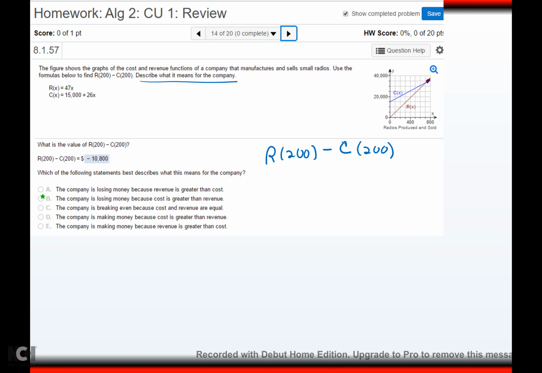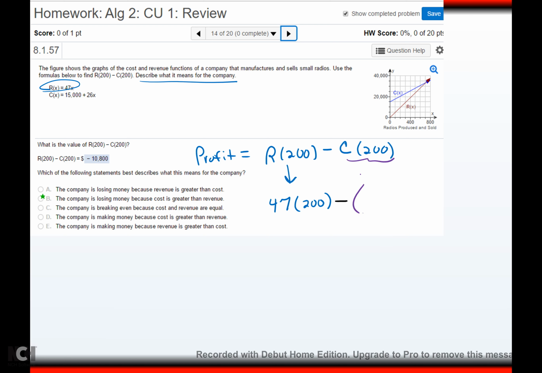When you take revenue minus cost, you're finding the company's profit. So if you're doing R of 200, that means you're using this function. The R function says copy everything but change x to 200. Okay, then I'm going to minus, and then I'm going to do C of 200.